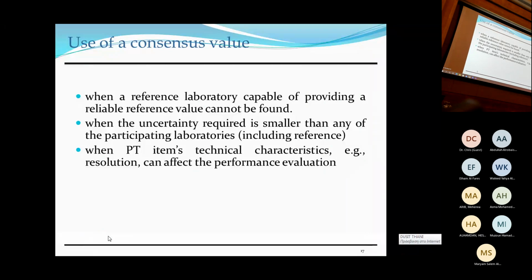If for some reason the uncertainty required in a PT scheme is smaller than any of the participating laboratories, then the only way around that is to use a consensus value, because when you take the average of all of these quantities, the uncertainty will scale with the number of laboratories being averaged.